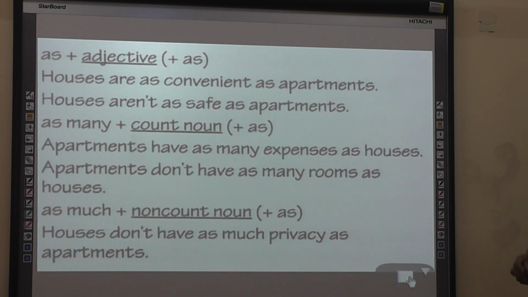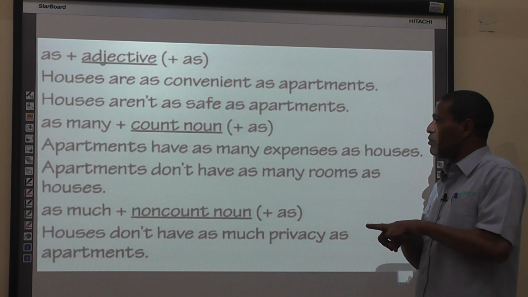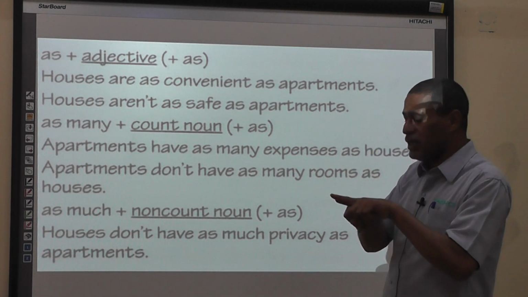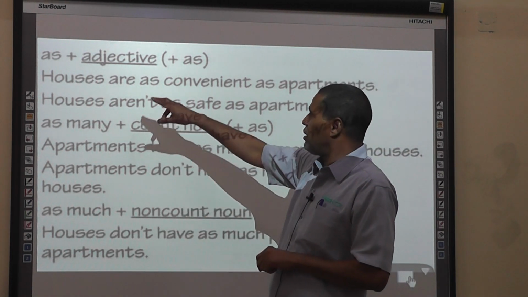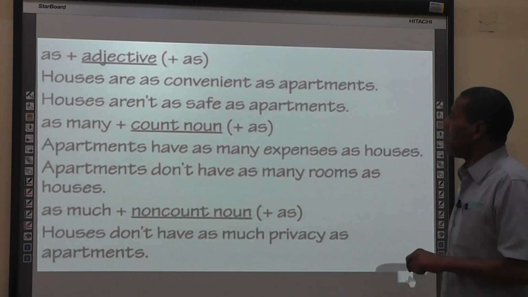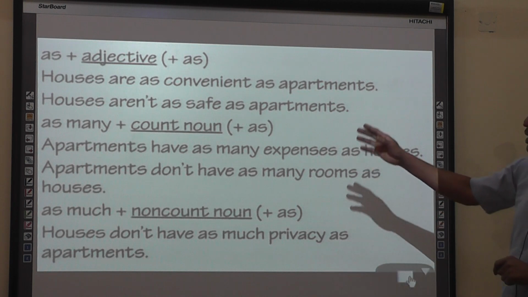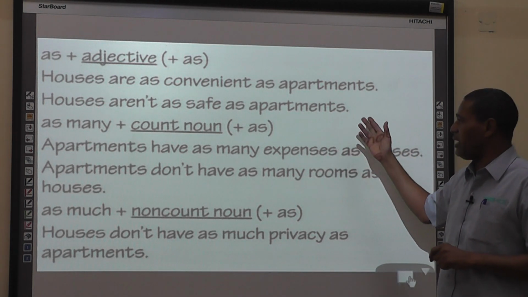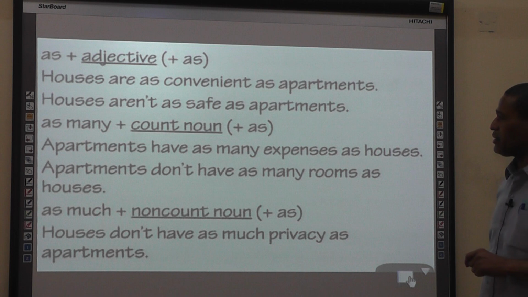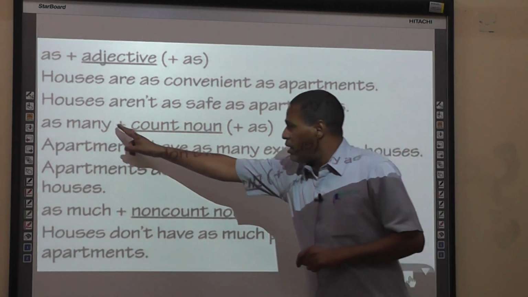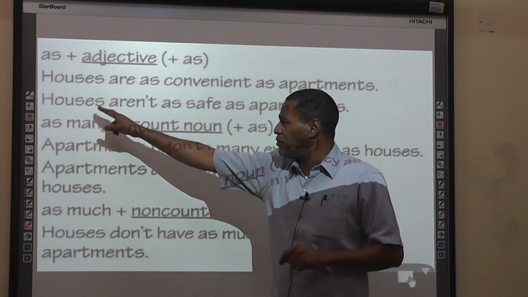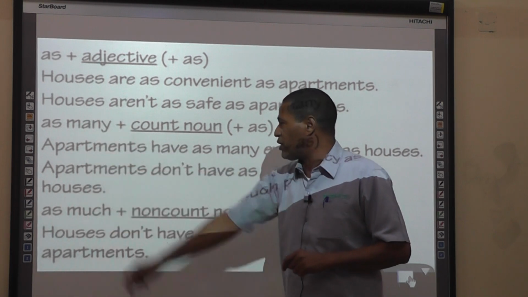As plus an adjective plus as, we use it, as we said before, when we think that two things are equal. So we can say houses are as convenient as apartments, or houses aren't as safe as apartments. If we have a count noun, we use many before it.